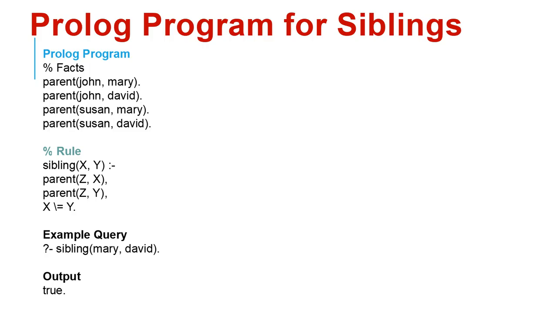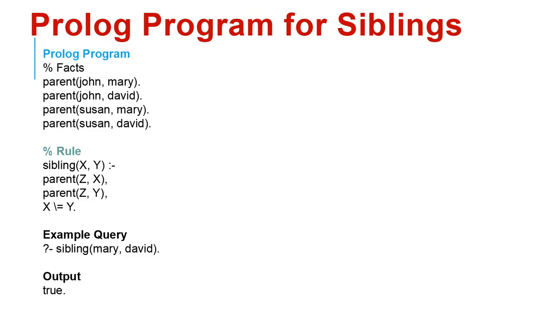Next, we define the rule for siblings. The rule says that X and Y are siblings if they have the same parent Z and X and Y are not the same person. The condition X not equal to Y ensures that a person is not considered their own sibling.